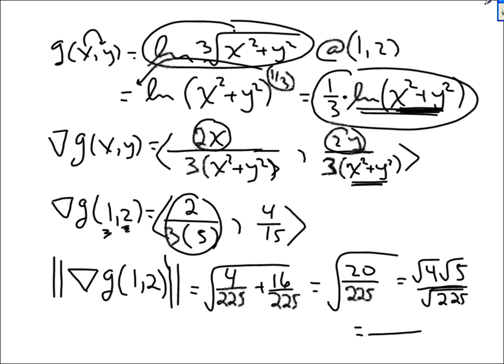The square root of 225 is 15. After all, how did we get 225? And the square root of 4 is 2, and the square root of 5, I don't know. Here's your answer. That's the maximum directional derivative possible at that point. Different point, you'd get a different maximum directional derivative.